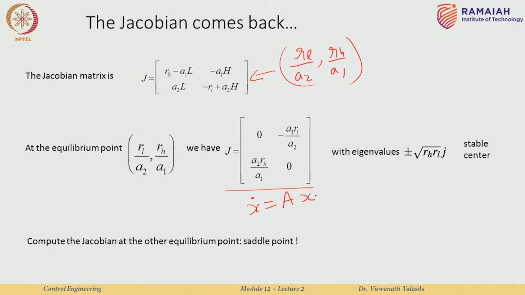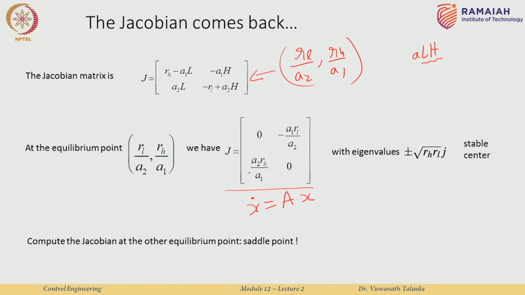And of course, you can see that it is linear, we do not have any coupling parameter. In the previous example of the nonlinear system, we saw that we had the coupling parameter A LH. So, this was the nonlinear term. Now, those terms have disappeared when you evaluate the Jacobian at the equilibrium point.